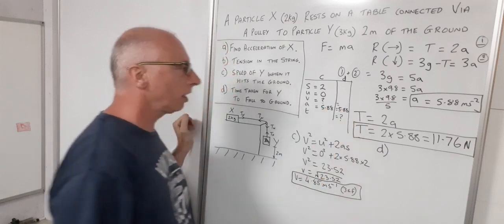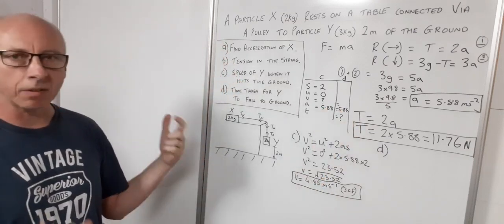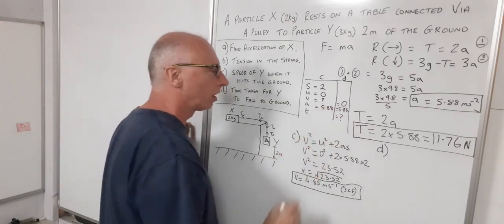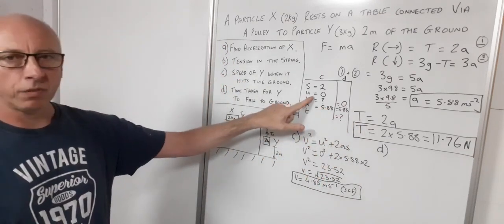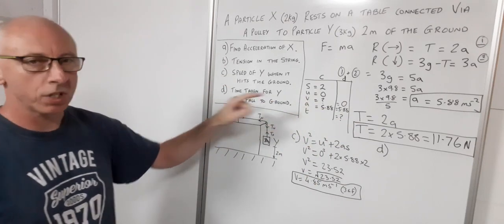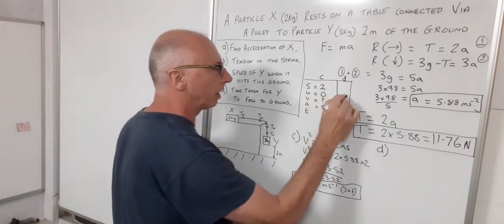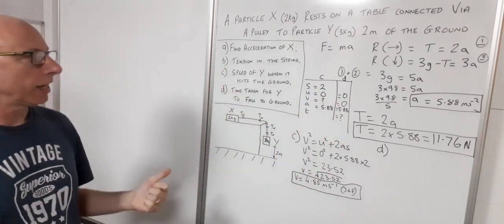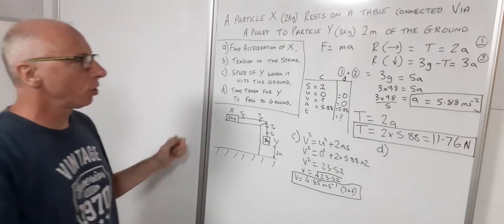My velocity, as it hits the ground, that's when it stops. So my velocity is going to be 0. My initial velocity, for that, I'm just going to put 0 as well. And my displacement, now for that, my displacement is 2 meters.